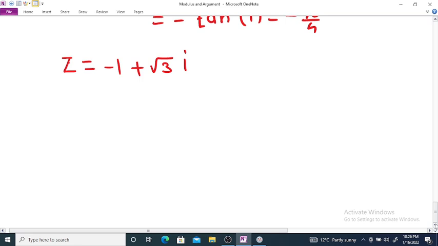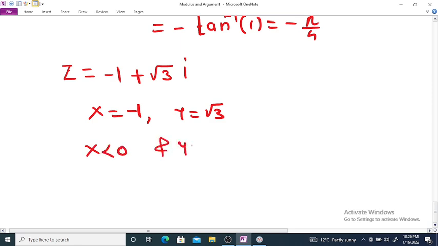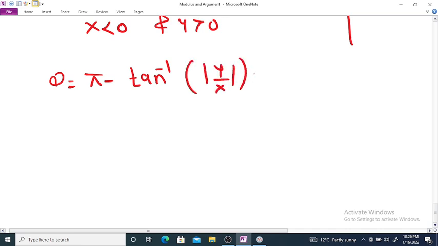Then here the real part of z, x, is equal to -1 and y is equal to under root of 3, so x is less than 0 and y is greater than 0, so our complex number lies in the second quadrant, and therefore theta is equal to pi minus tan inverse of mod of y by x.